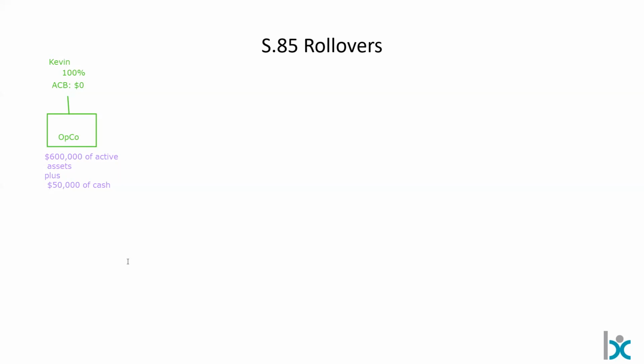The challenge here is that, Kevin, as you start to build your passive assets up, that's what this cash would be, although you can have some cash and have it considered as active, but really this is surplus to the business. Kevin says, yeah, that I can see myself doing that regularly. You say, Kevin, you know that one day you're going to then get to a point where you can no longer use the lifetime capital gains exemption.